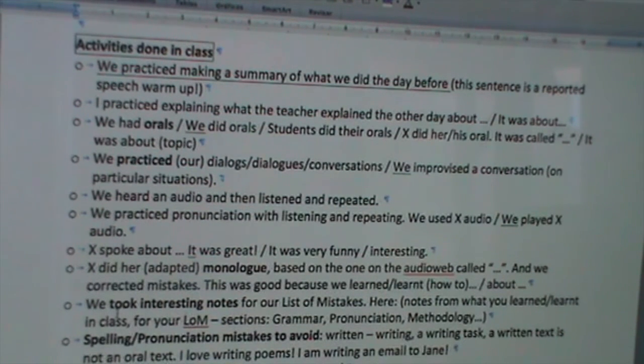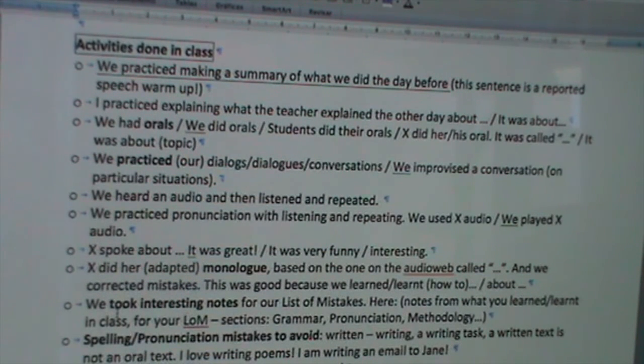Then we had orals, or we did orals, or oral exercises, okay? Or students did their orals, or whoever, quien fuera, whoever did her or his oral, y luego el título, it was called, whatever, okay?